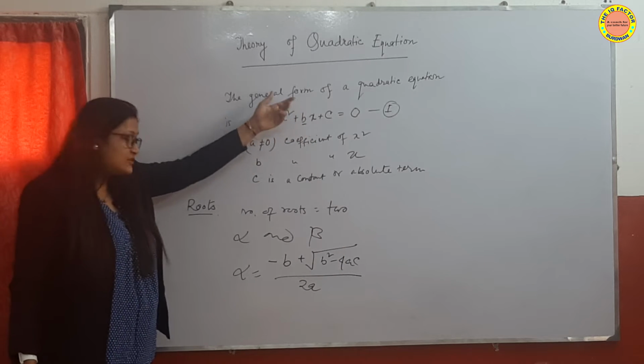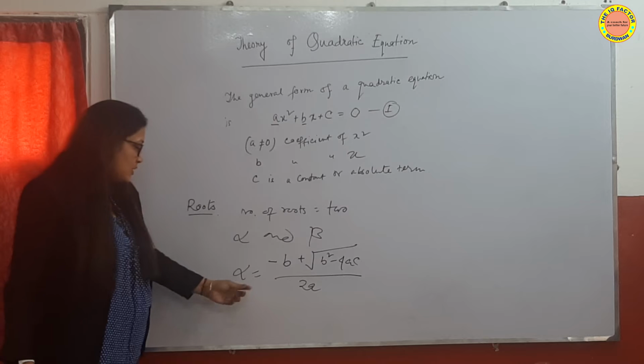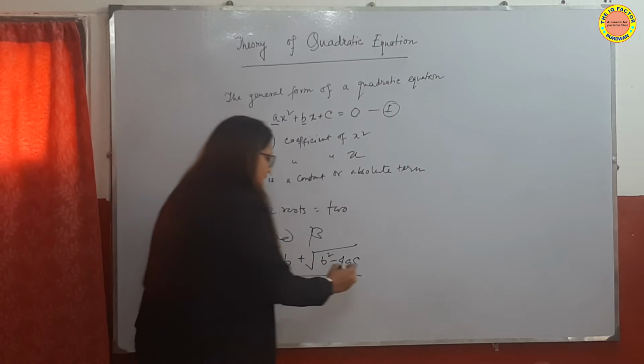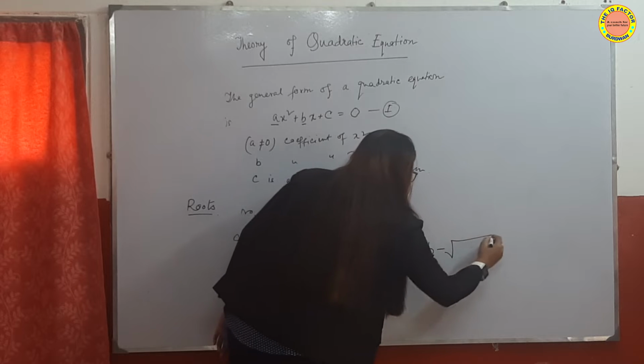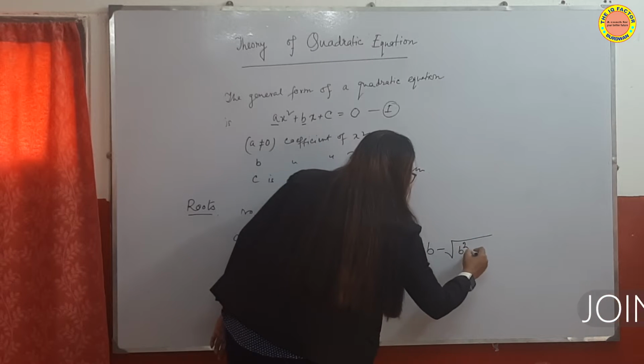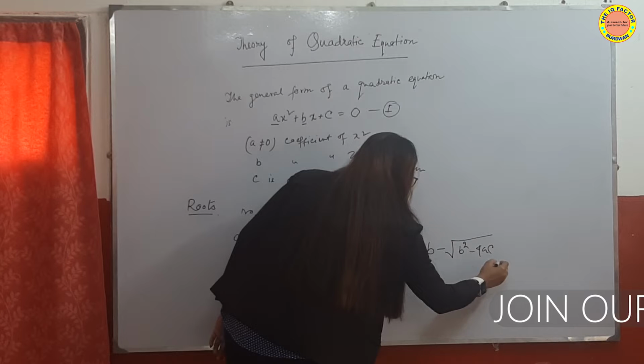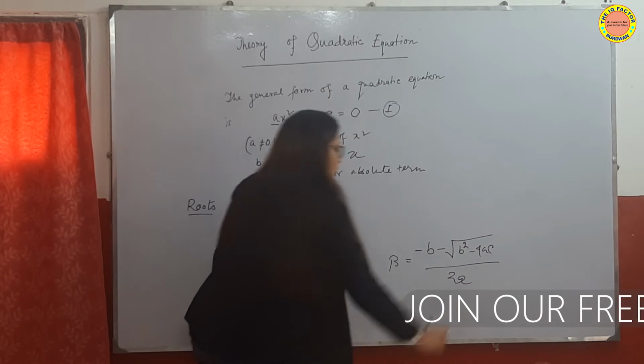Solving that equation, we can find out one of the roots alpha is equal to that, and beta is minus b minus square root of b square minus 4ac by 2a.